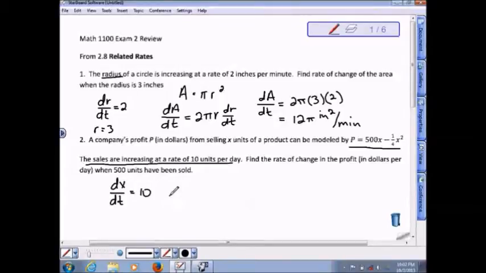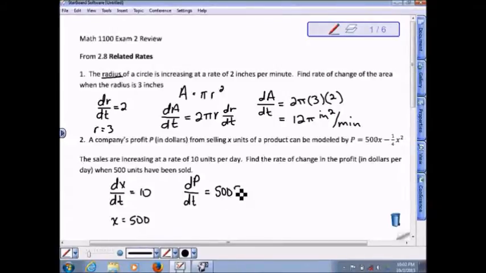That's equal to 10. We need to find the rate of change of the profit when 500 units have been sold. So that's x equal to 500. So now the derivative of the profit with respect to time, dp/dt, is equal to 500 dx/dt minus 1/2.